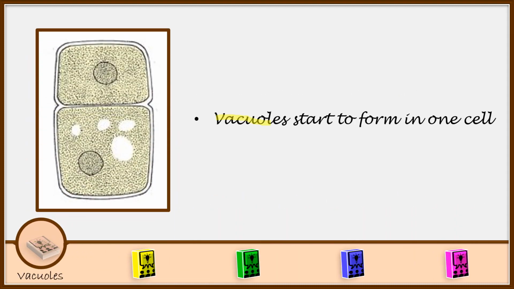The vacuole starts to form in one cell. So the cell which has divided to form two daughter cells, one of the cells is going now to start developing vacuoles. Vacuoles are filled with water.